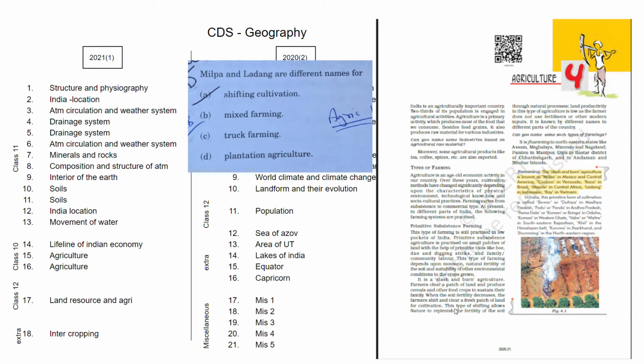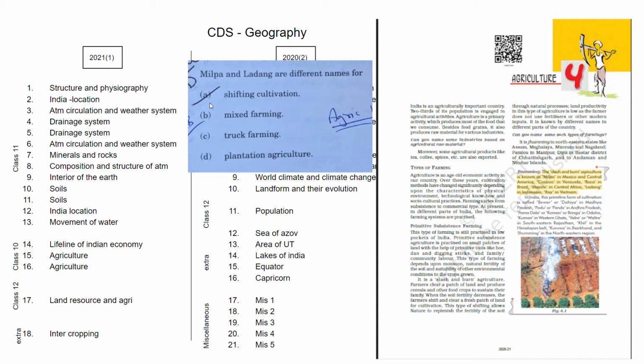This type of shifting allows nature to replenish the fertility of the soil. So jhuming is a shifting cultivation practice. Now here are the mentioned names. The slash and burn agriculture is known as milpa in Mexico. Okay, milpa is an option. So it is a variety of shifting cultivation.